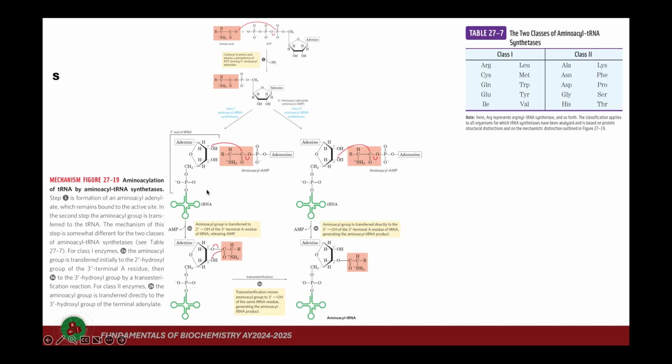Now here we see the process branching off, because on the left side is the mechanism for the class 1 synthetases, and on the right, that's for the class 2 synthetases.